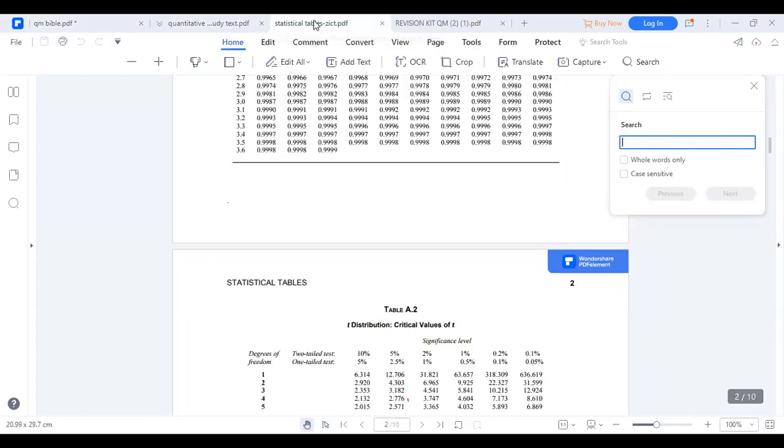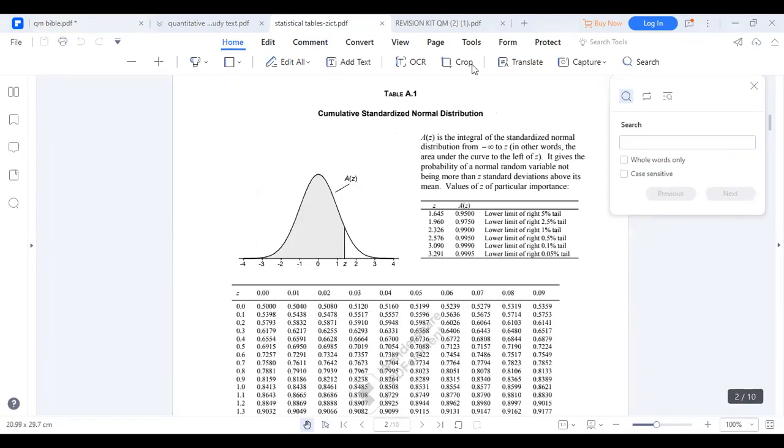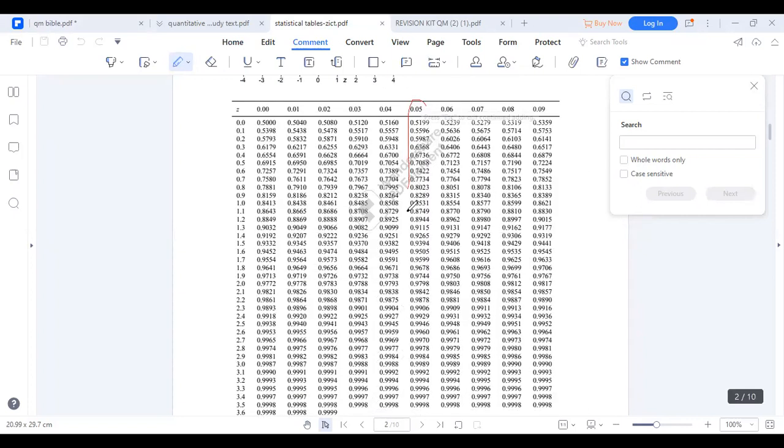Okay. So 1.25. Of course, this can be a cumulative table. So see this one, 1.25.